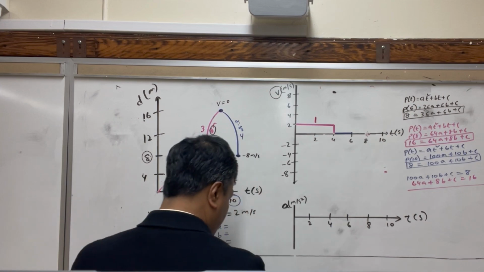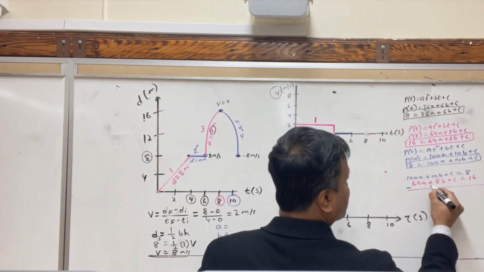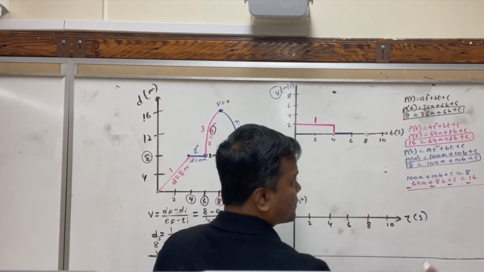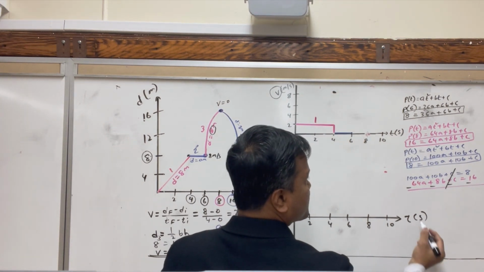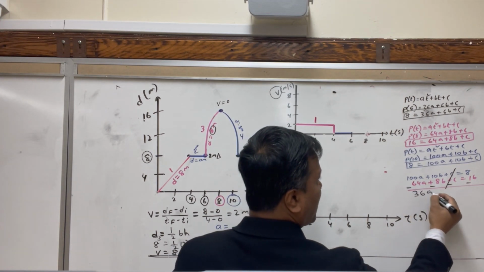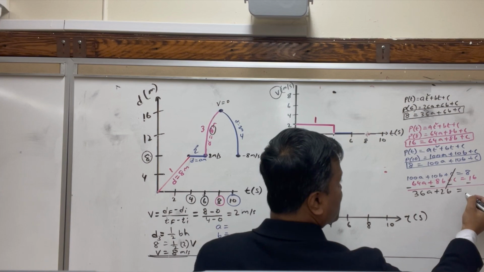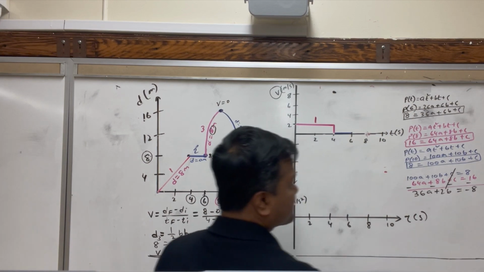Okay. So what are we going to do? We're going to subtract from each other. Minus, minus, minus, minus. So this cancels. So you have 36a plus 2b is equal to negative 8.